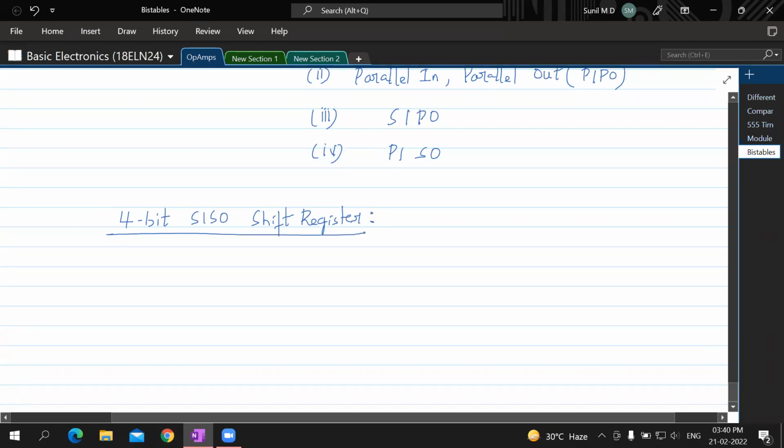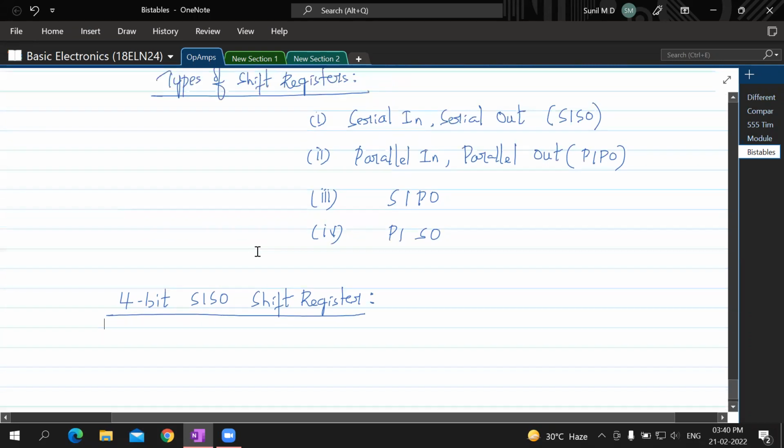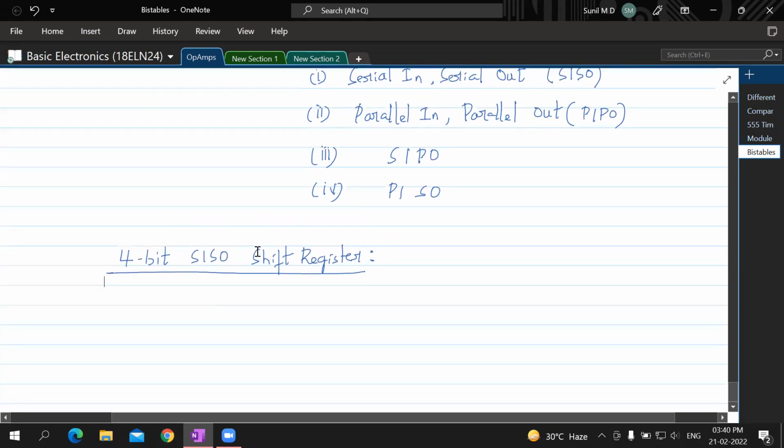Very interesting stuff. You just have to understand this very well. And for understanding this, we need to have good knowledge about flip-flops. Fine. Now for this, we use JK flip-flops. Since it is 4-bit, we use 4 JK flip-flops.